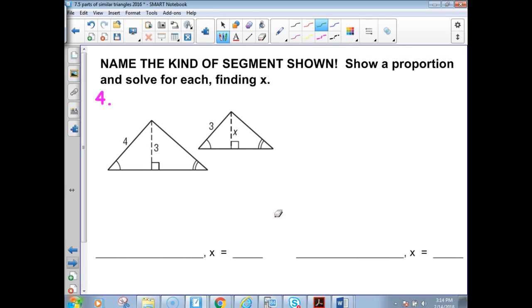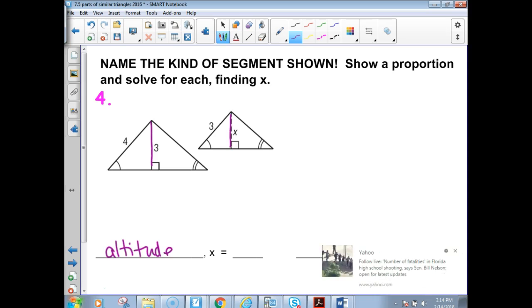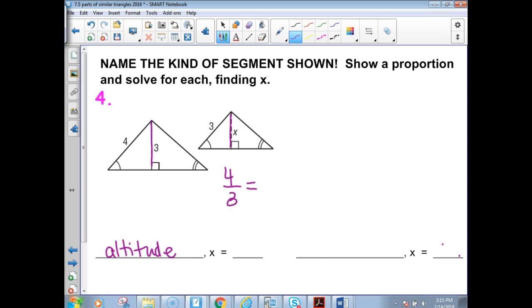All right, number 4. What are the segments and set it up? I need a volunteer. Come on, you guys, you can do this. Or I will call on some. Okay, Dariana. Go ahead. This is altitude. Yes, ma'am. Okay, 4 over 3.